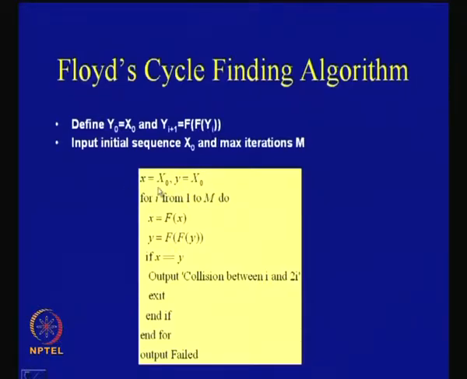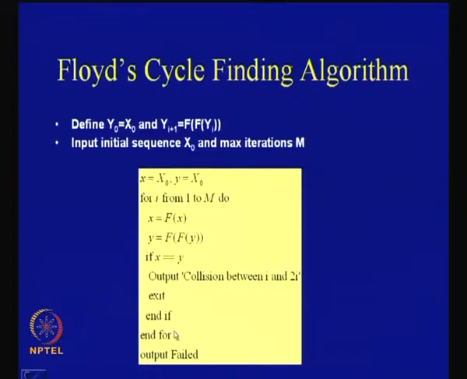We start with x equal to x0 and y equal to x0. So we start at the same point, and then for all the iterations up to the maximum value we have set, we compute x equal to f of x, and we apply f twice for y. If we get a collision at some point, that is, if x and y are the same, then we say there is a collision between i and 2i, because if the x sequence is at point i, then the y sequence is at point 2i.